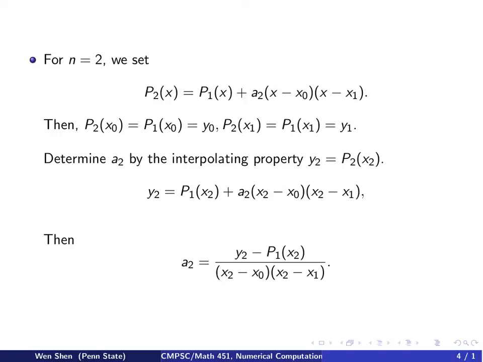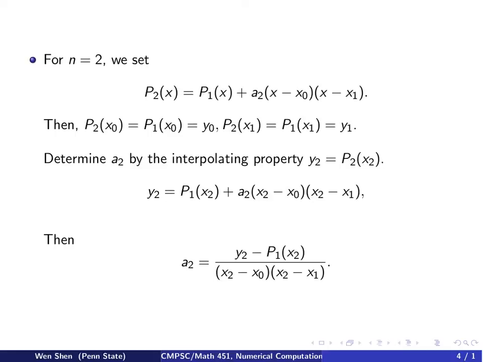So after some manipulation, after moving p1 to the other side of the equation, we get y2 minus p1 at x2 in the numerator, and the denominator is exactly this factor moving over to the other side of the equation. So it's x2 minus x0 times x2 minus x1. Plugging the expression for a2 back into this polynomial p2, we can now write out the polynomial p2.